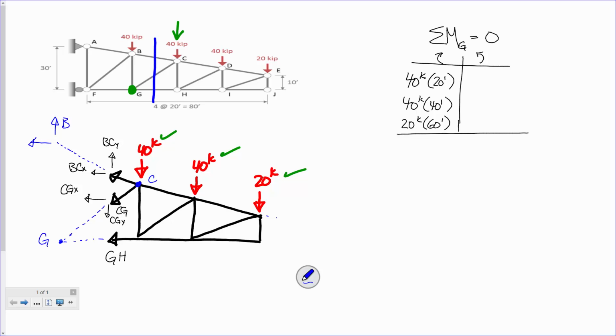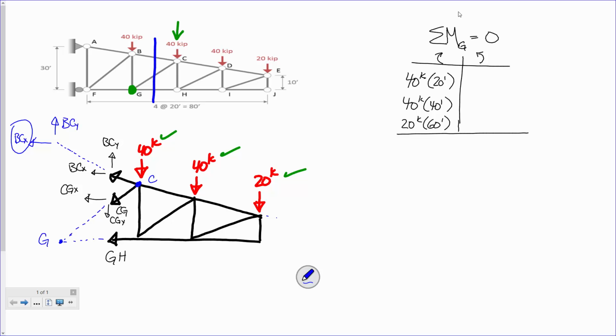So we've got BCY and BCX. Now, why did I do that? Exactly. You don't have to deal with BCY. BCY goes right through that point. So the only thing I have to deal with is this one right here, BCX, right?